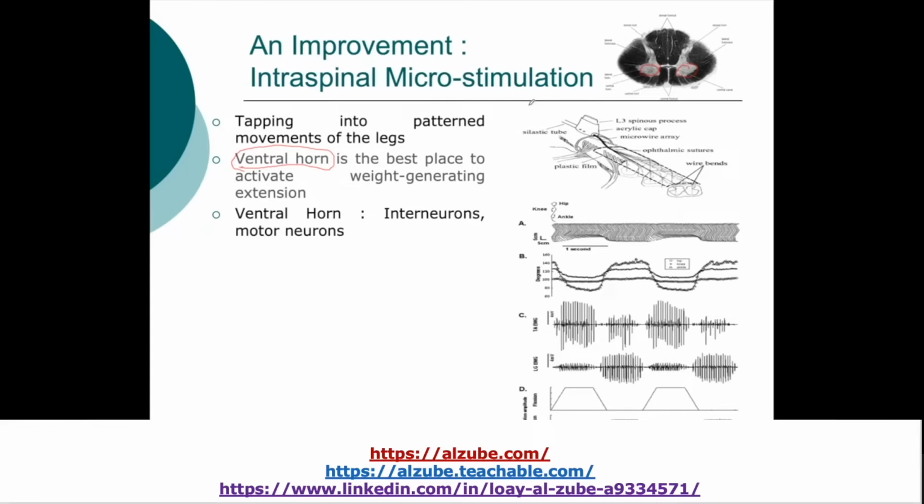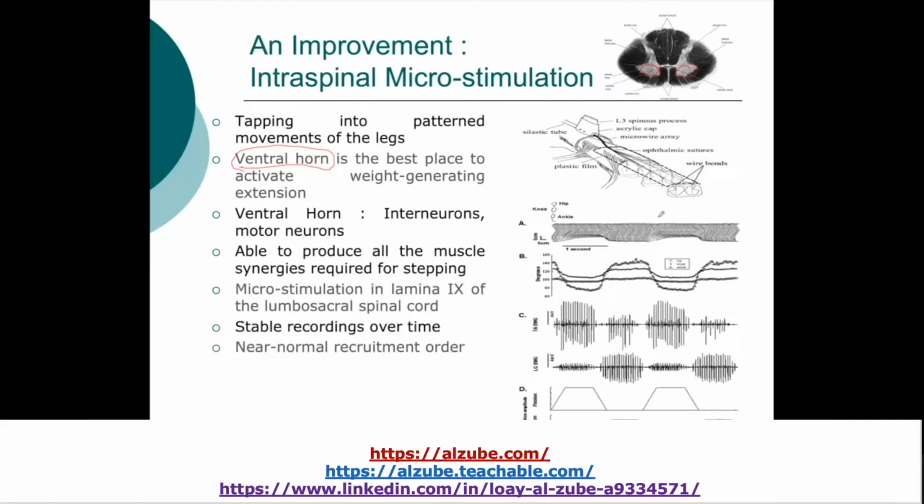So all the neurons in this region here, which is the ventral horn, affect motor movement of the lower extremities. And it's able to produce all the muscle synergies required for stepping, as opposed to the epidural, the first system I've mentioned.